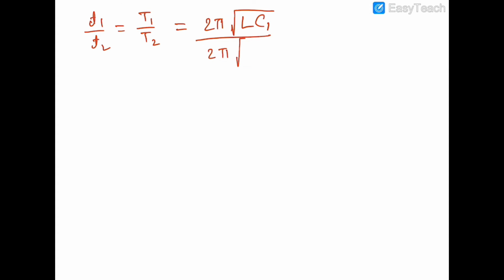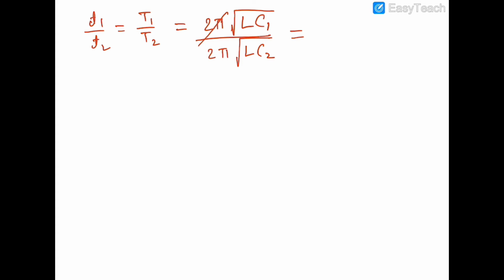The t1 upon t2 is equal to capital T1 upon capital T2. So the time period we know in an LC circuit is 2 pi under root LC1 and 2 pi under root LC2.